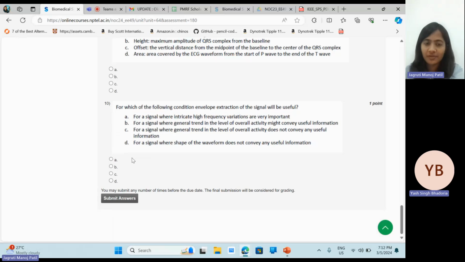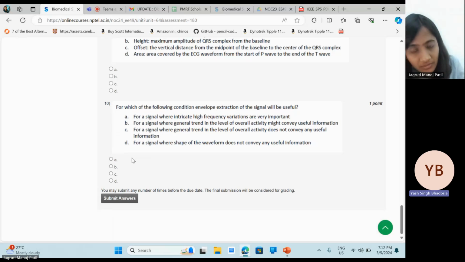The question asks where envelope abstraction is useful: where high frequency variations are important, where the general trend in the level of overall activity might convey useful information, or where the general trend in the level of overall activity does not convey useful information.